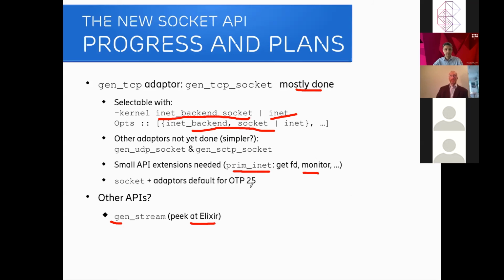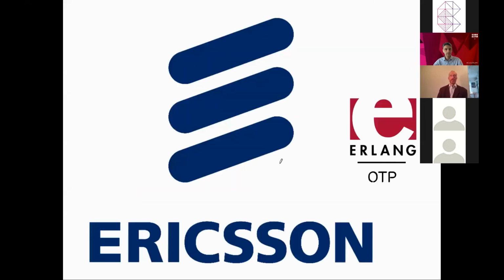So we probably should get this into gen_tcp and make it transparent to what backend we're using. Then we hope that socket and its adapters will be default for OTP 25, hopefully. Then we'll see what the future will hold. So, thank you for your attention.